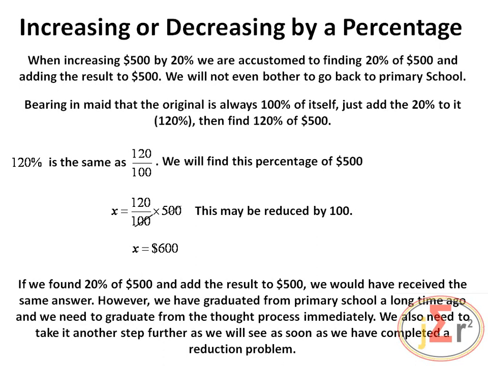We could have found 20% of 500, then added the result to 500. What we have done instead is add the 20 to the 100, get 120%, then find 120% of 500, and it works just fine. But let us do a reduction problem first.